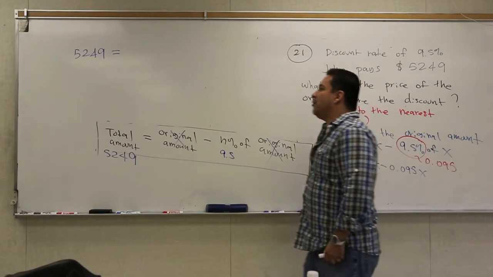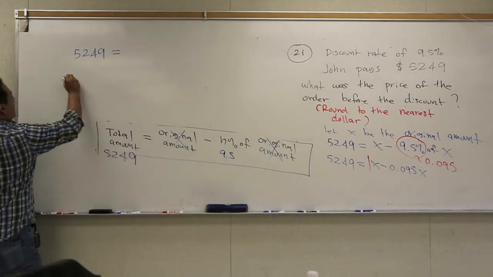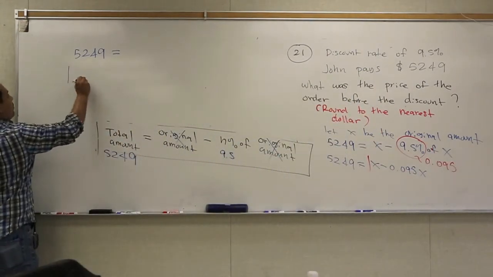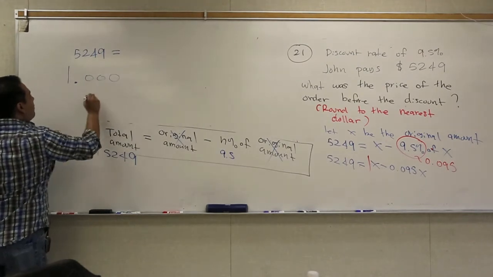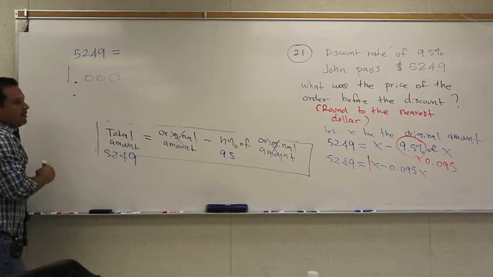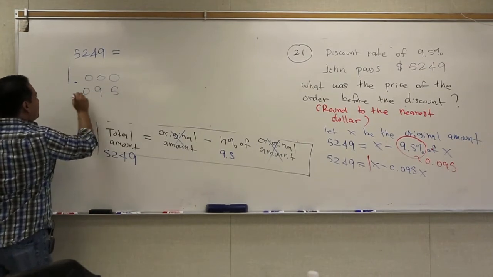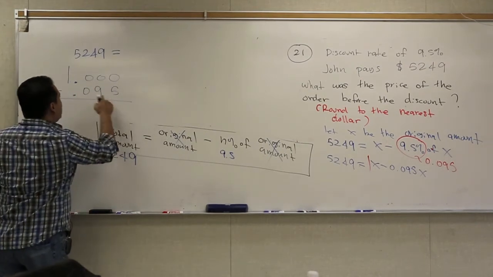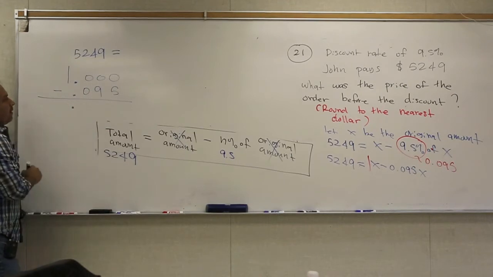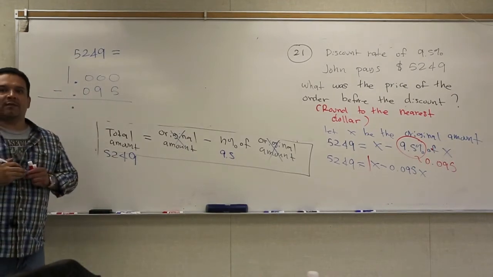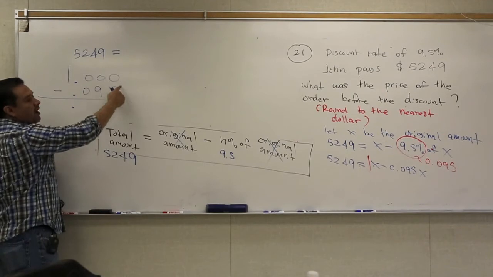So if you want to do your scratch work, remember this. 1.000 minus 0.095. You're going to have to break out your algorithm of subtracting with decimals. You line up the decimals. You guys remember this? So you try to subtract 0 with 5.